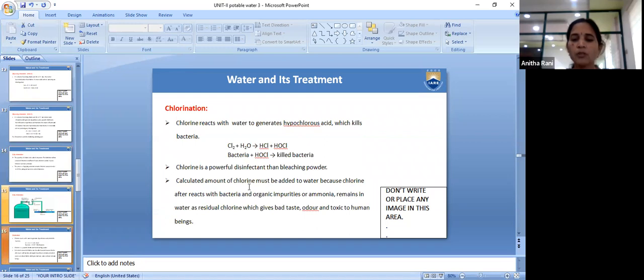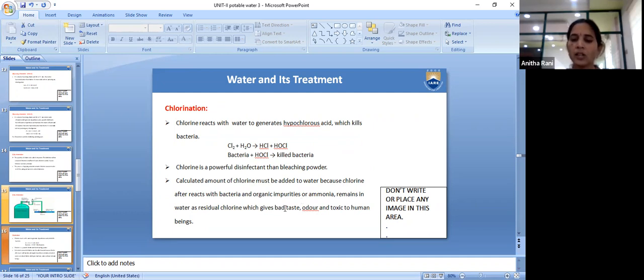A calculated amount of chlorine must be added to water, because chlorine reacts with bacteria present in water, with organic impurities, and also with ammonia present in water.